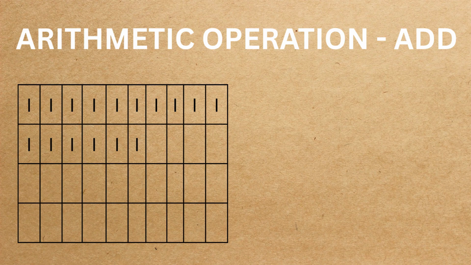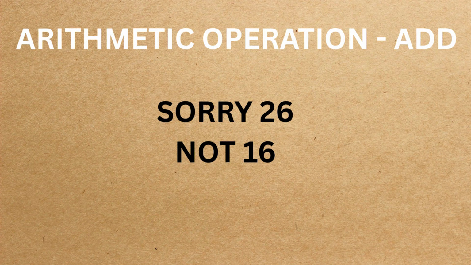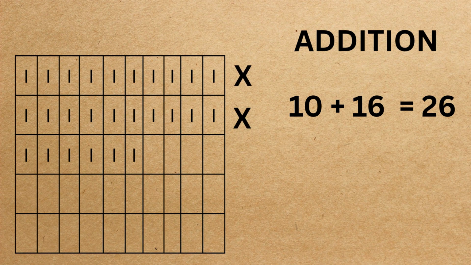So, the group of 10 was represented by a single symbol, similar to the Roman numeral X, which stands for 10. If they wanted to show 16, they would place two X symbols representing two tens, and then 6 sticks representing the remaining 6. And that itself was their answer.